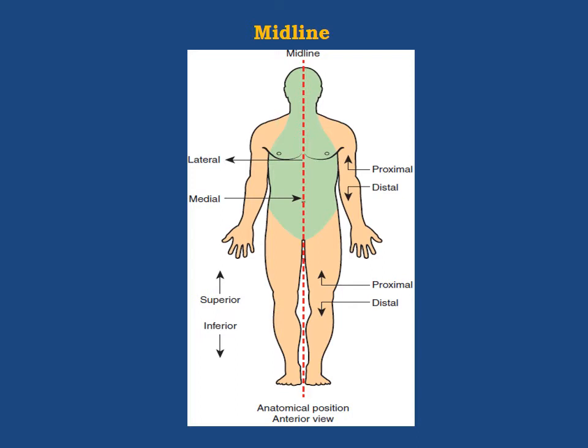All right, look at the dotted red line going from top to bottom. This dotted line is dividing the human body into two identical parts. So the left part, you have one arm. The right part, again, you have one arm. The left part, you have one leg. The right part, you have one leg.